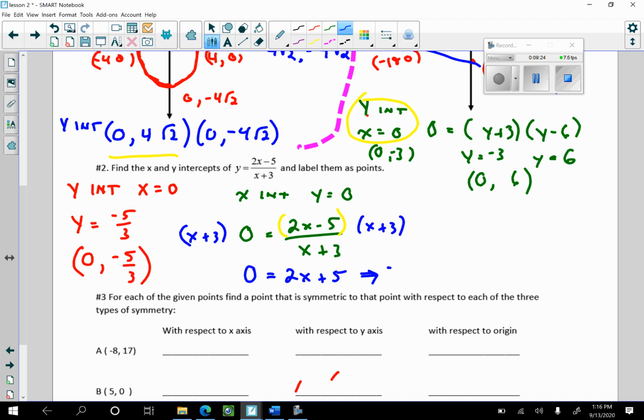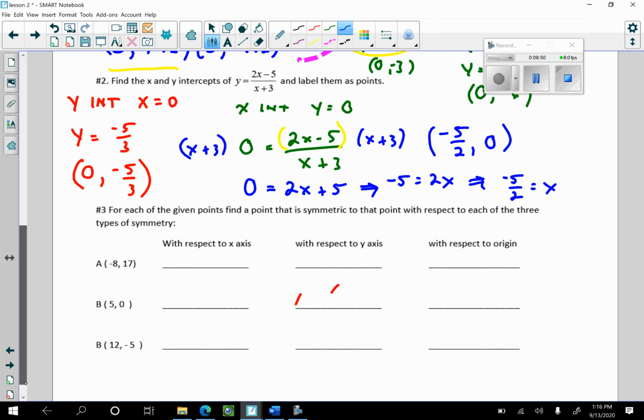If I add 5, that's going to be when negative 5 is equal to 2x. Which says that negative 5 halves is equal to x. And that's my x-intercept then, negative 5 halves, 0. Okay?